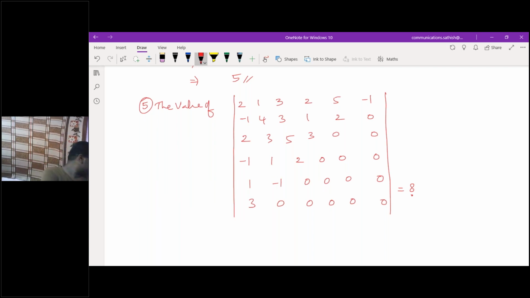Can you give me the answer for this? If you want, you can take the options here. Option A, 36, B, minus 36, C, 0, D, 28.